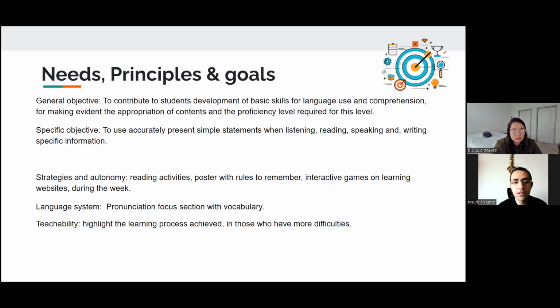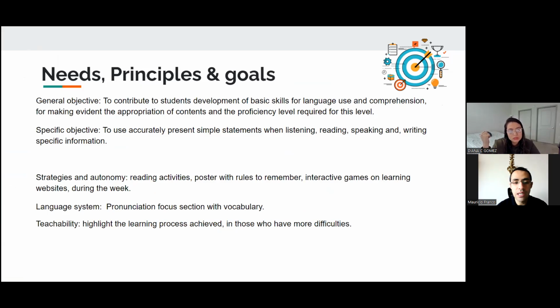So a specific objective is to use accurately present simple or simple past statements when listening, reading, speaking, and writing specific information.